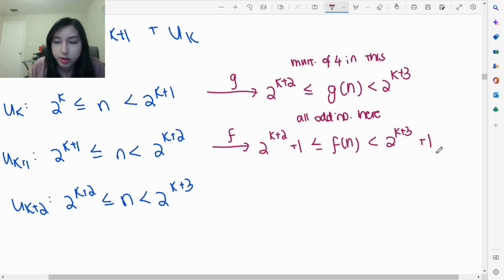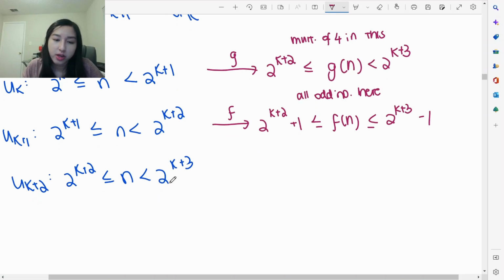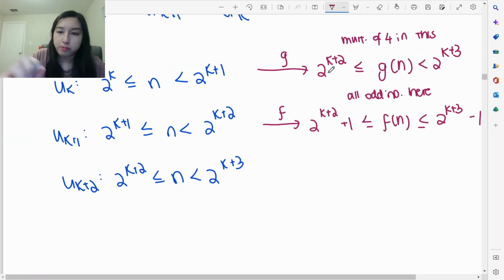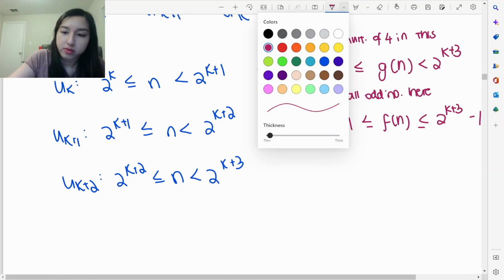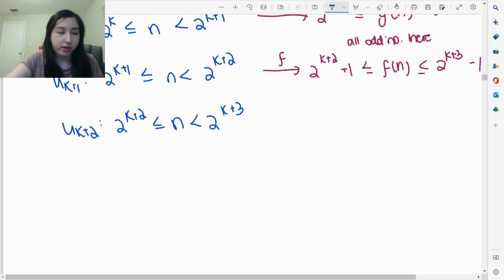It doesn't include this plus 1, so the next number it will include is the one less than it, because 2 to the power of k plus 3 is even, so it has to be 2 to the power of k plus 3 minus 1. This would make it odd. So it counts from this number to this number. And an odd number wouldn't include 2 to the power of k plus 2. That's already concluded here.